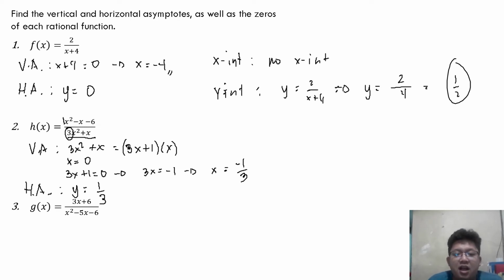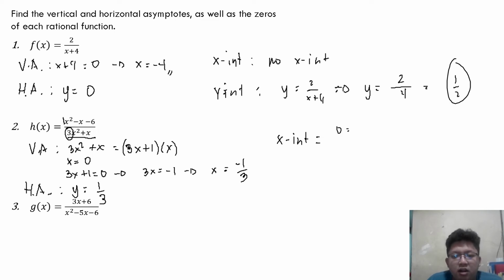Okay, so next tayo. X-intercept, so similar rule lang. We just need to make everything 0. So, for y, for y yun. However, for this, if we make y 0 here, I will show you how come we just need to equate this by 0.